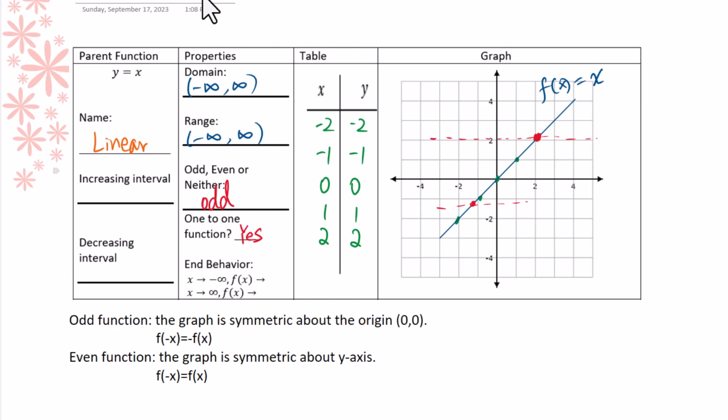And end behavior: as x approaches negative infinity, f of x approaches negative infinity. As x approaches positive infinity, the function is approaching positive infinity.